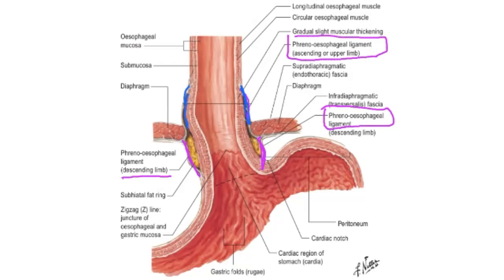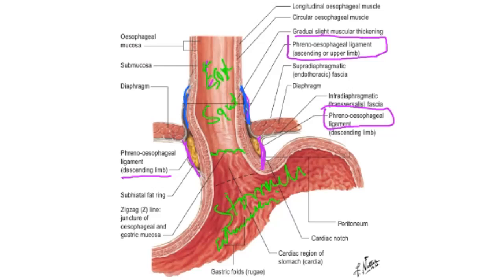This part is the esophagus. This is the stomach, right? So the stomach is different from the esophagus. This is squamous epithelium, and this is columnar epithelium, right?